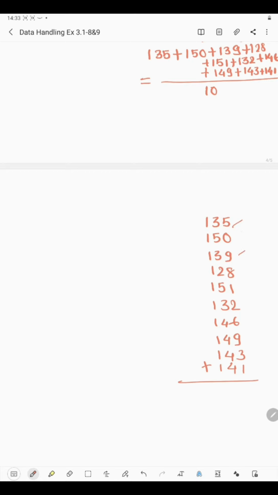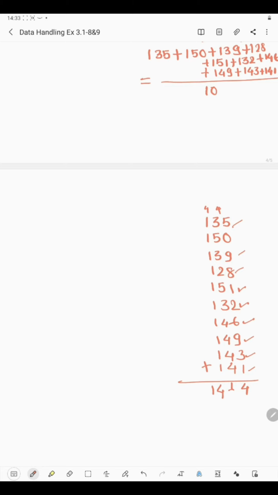So 9 plus 5 is 14, 14 plus 8 is 22, then 23, 25, 31, 40, 43, 44. 4, 4 carry, 4 plus 3, 7 plus 5, 12, 12 plus 3, 15, 15 plus 2, 17, then 22, then 25, 29, 33, 37, then 37 plus 4 is 41, 1, 4 carry, 5, 6, 7, 8, 9, 10, 11, 12, 13, 14.